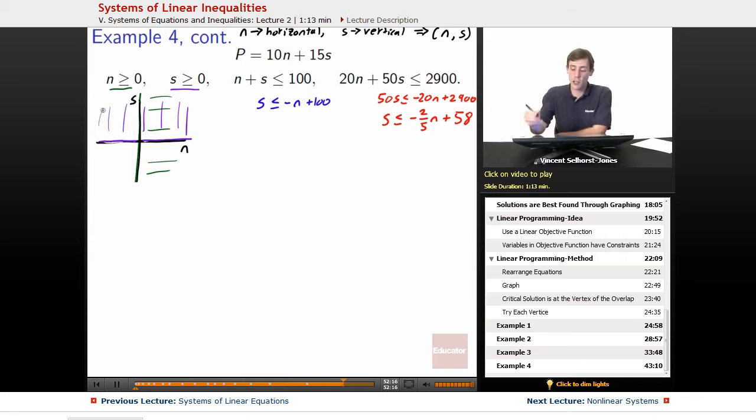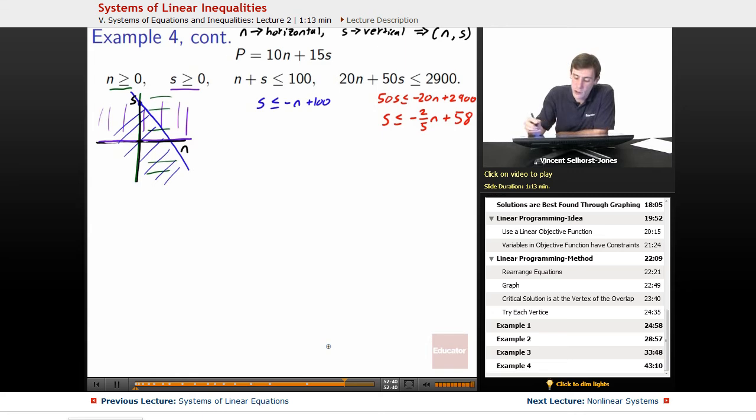Now, the interesting parts are actually going to wind up being the S less than or equal to negative N plus 100. So let's say 100 is up here. At negative 1, it marches down like this, a 45-degree angle. And we know that S has to be less than or equal to negative N plus 100, so it will be below this.